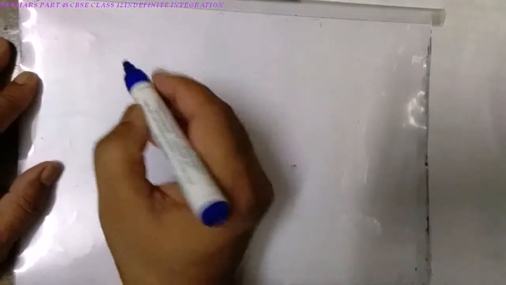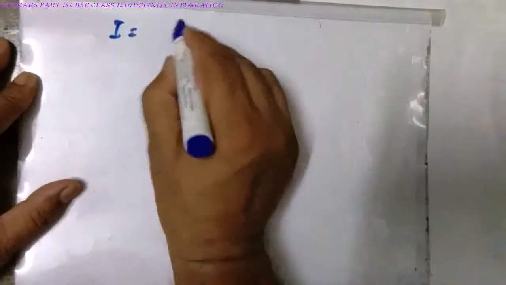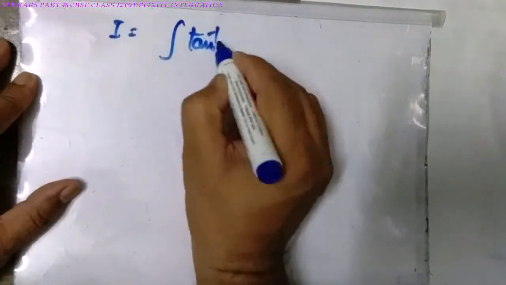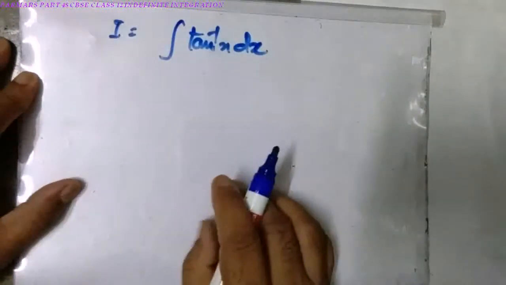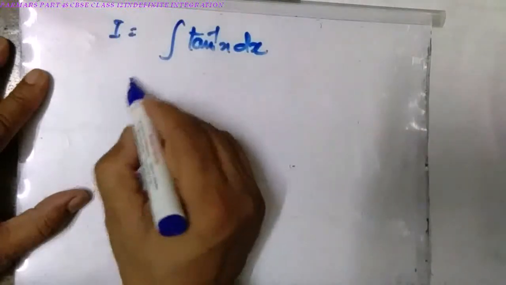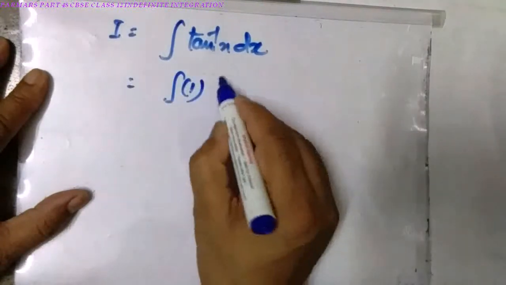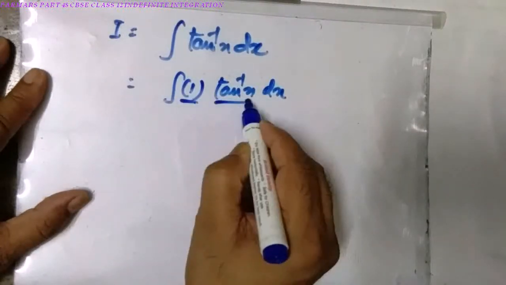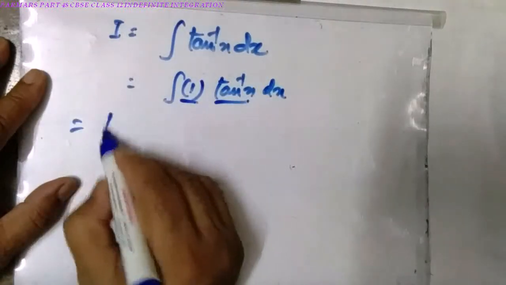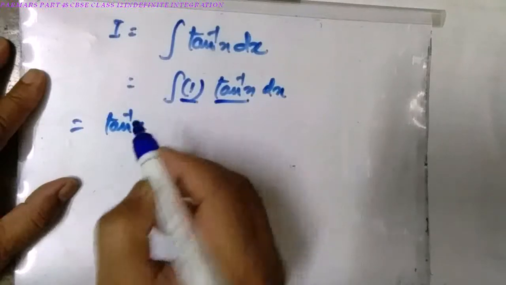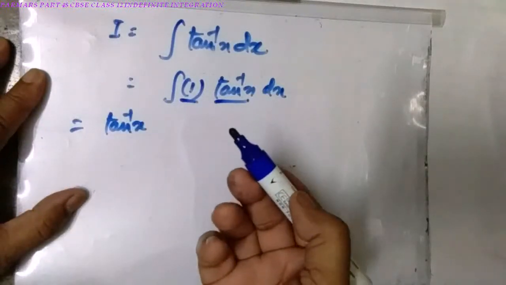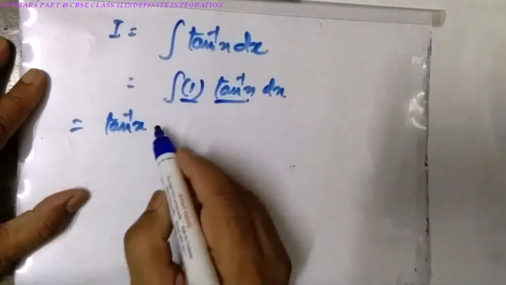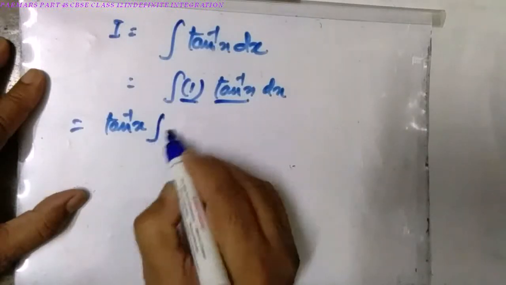Taking one more question: integral of tan inverse x dx. Here you take it like this: one is 1, another is tan inverse x dx. Algebra, inverse. Since tan inverse x has to be removed by differentiating, the very first choice is that it should be the differentiating function.